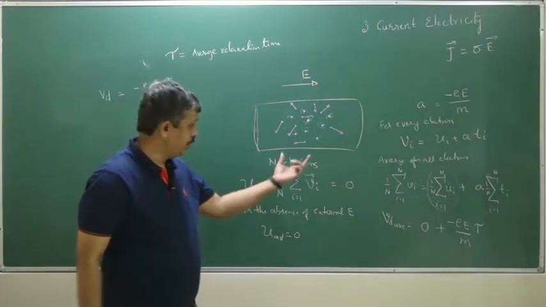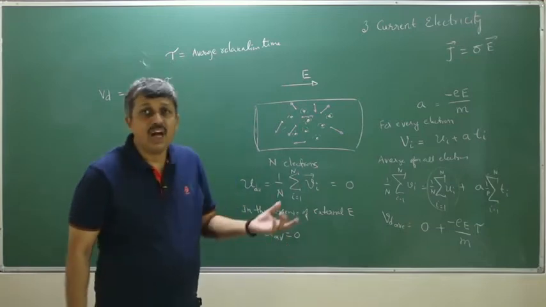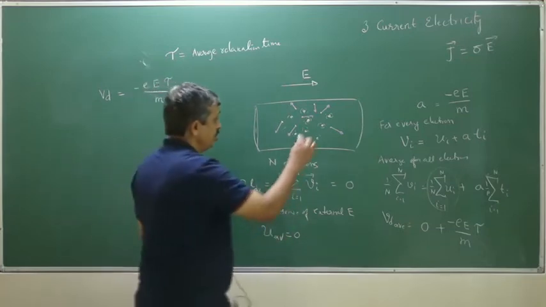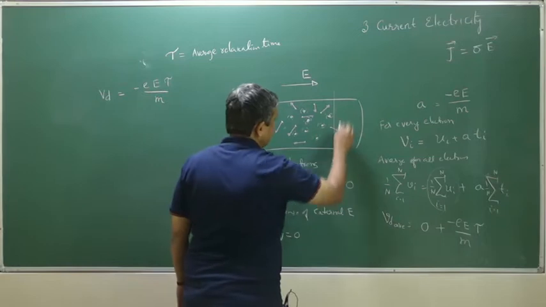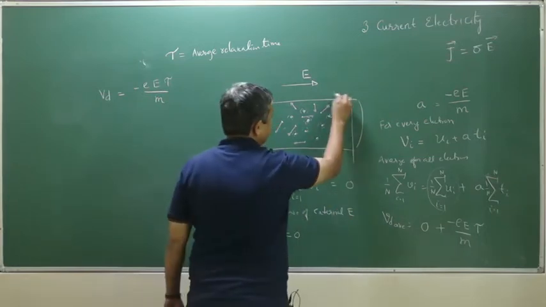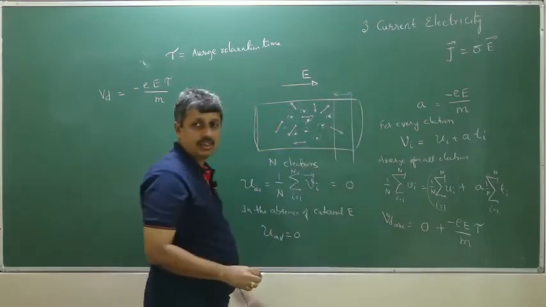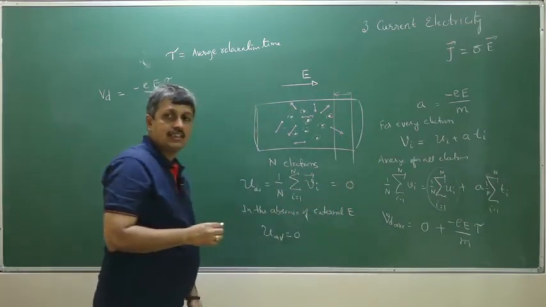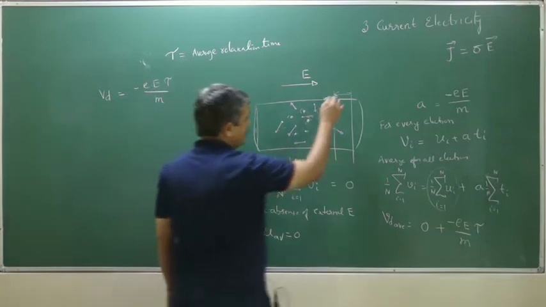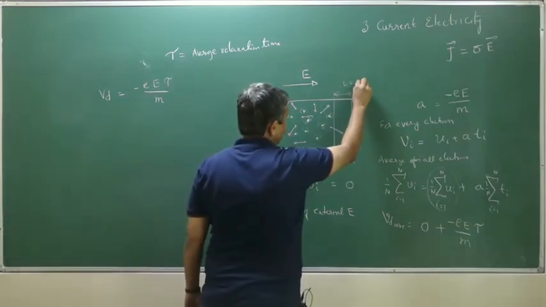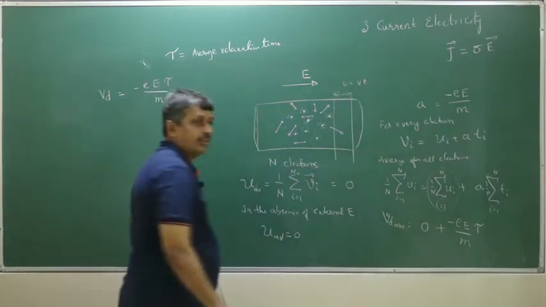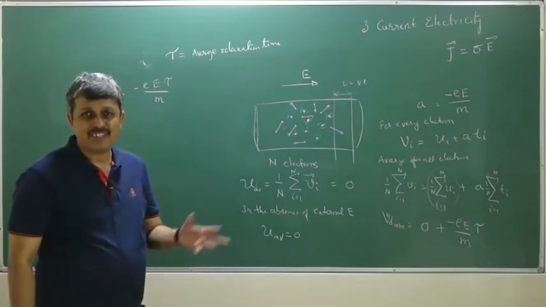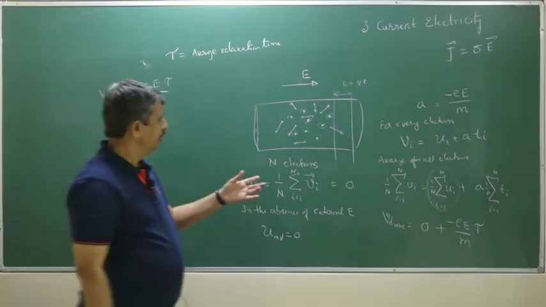I want to find the charge for some length with cross section A. Whatever the value of this length, it will be equal to velocity into time, the drift velocity on average, into time.